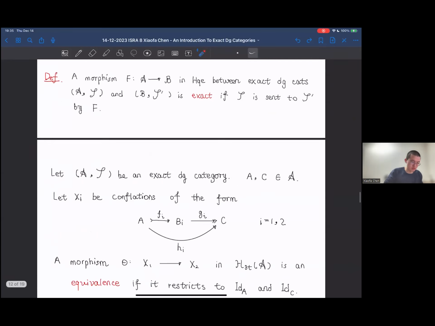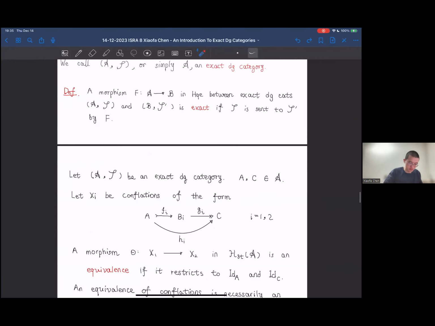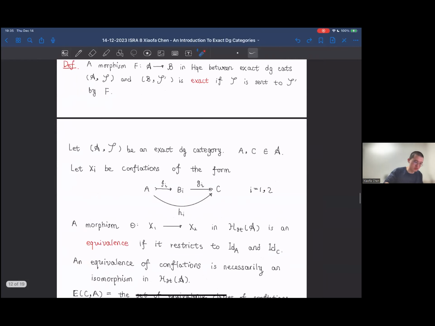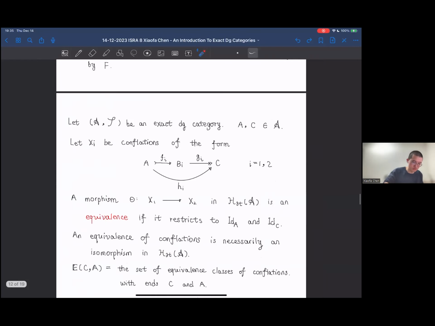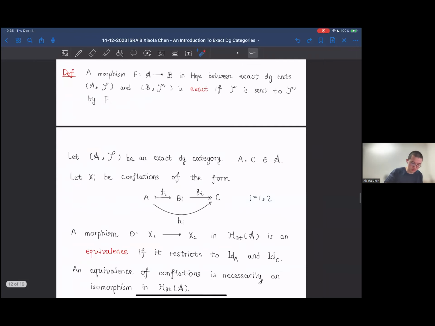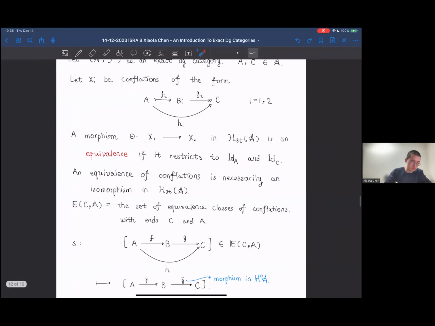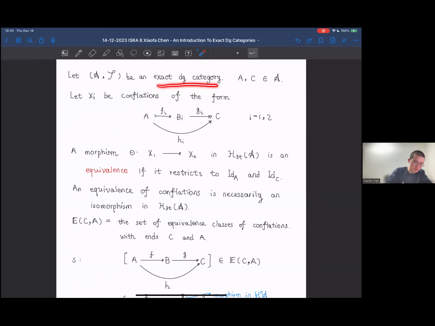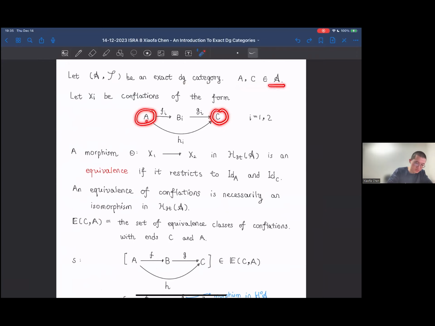Okay. So directly from the definition, we can give the definition of this exact DG category. We can define this bimodule E over H0A. Let A be an exact DG category, and A and C two objects. Suppose we have two conflations with fixed ends A and C in this DG category A, and the middle term varies, B1 and B2, and this morphism varies.